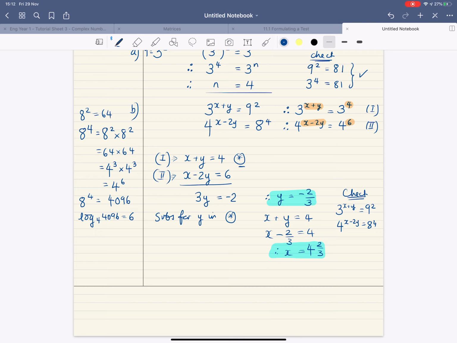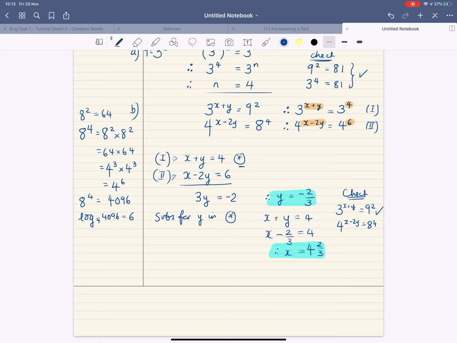X is 4 2/3, which you can use there, 4 2/3, and then plus y, which was minus 2/3, so plus minus 2/3, that is 81. Can you see that there? And the answer that it was supposed to be was 9 squared, which is 81. So I'm happy with that one.